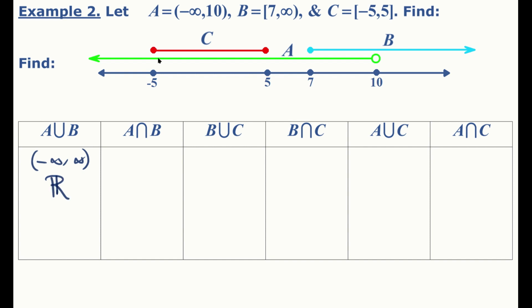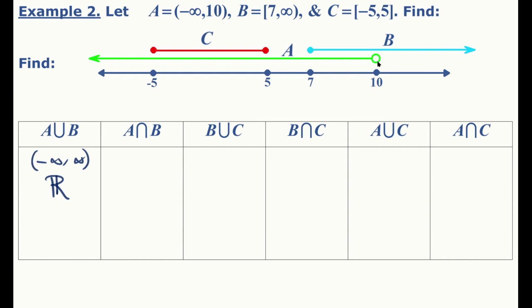For the intersection of A and B, we're going to see what the green team and the blue team have in common. Notice this is the region that they have in common right there, from here to here. So notice that the 7 is a member of the blue team as well as the green team, so it's a member of both. So it is in the intersection.